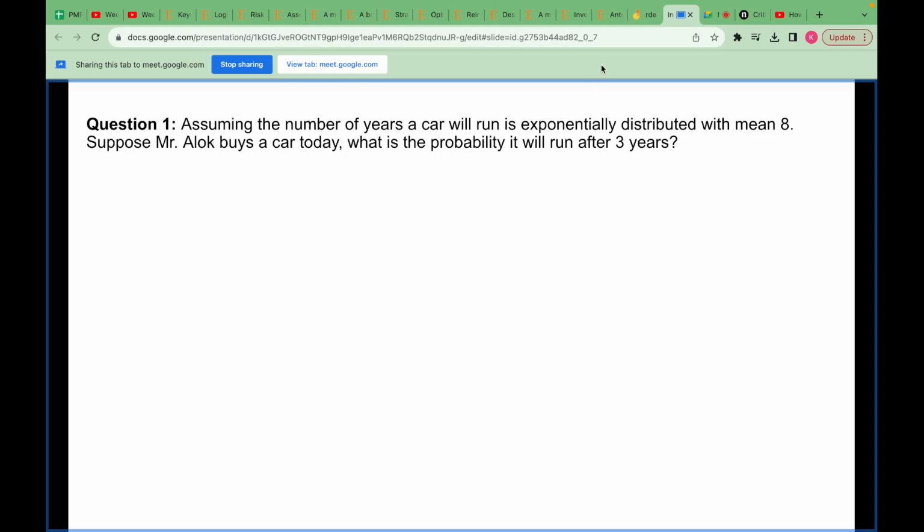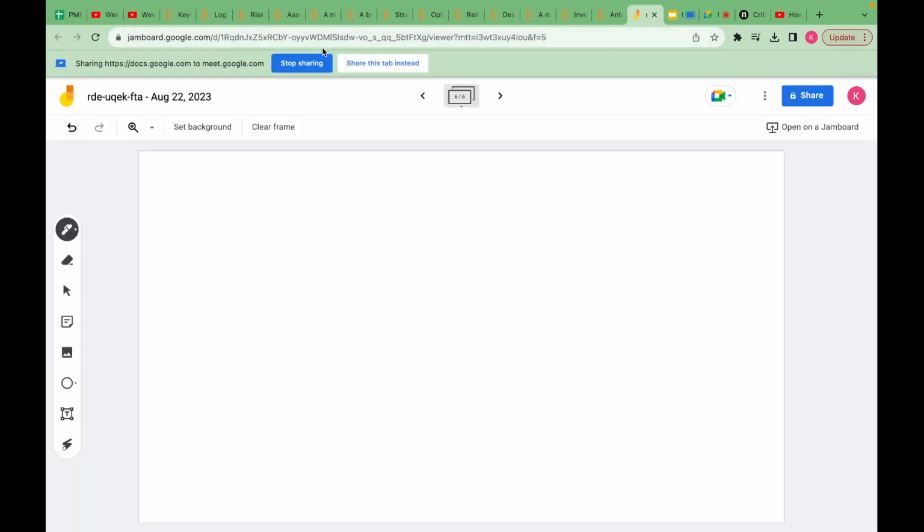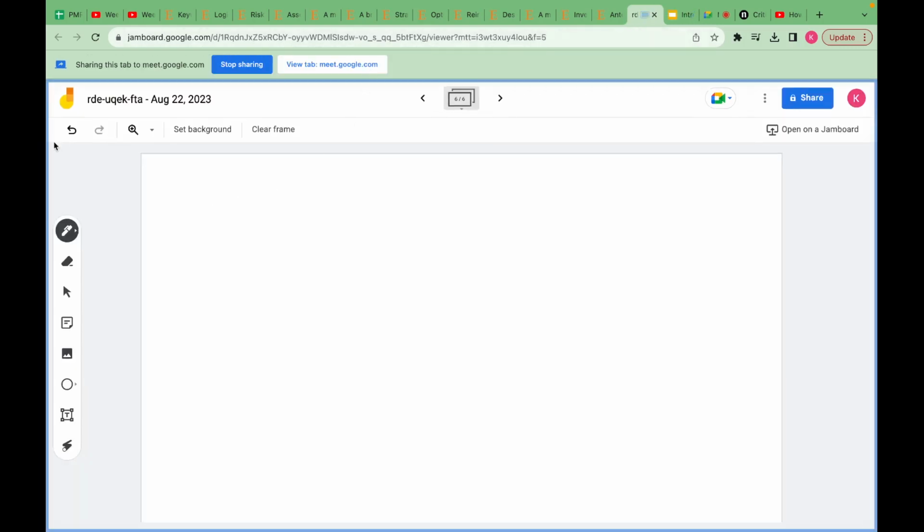Okay, so let's try to solve this problem. Here we are given the mean is equal to 8 and this is given as an exponential distribution. So we know for the exponential distribution the mean is 8, which equals 1 by lambda, which means the lambda value is 1 by 8.